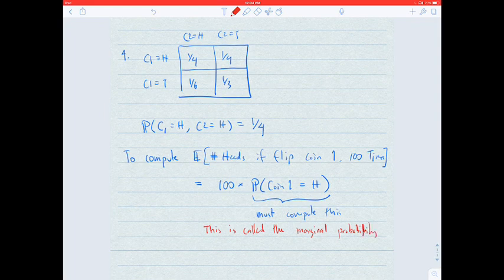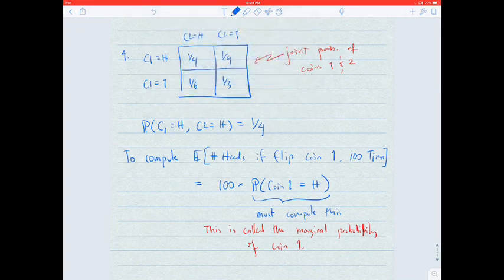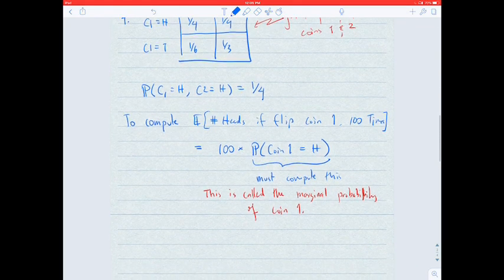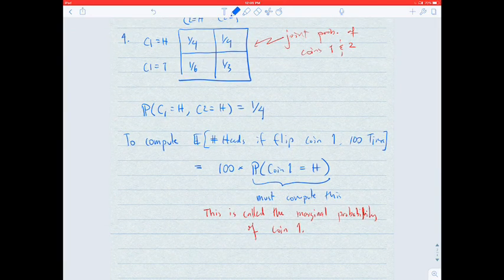The probability of coin 1, as opposed to the joint probability of coins 1 and 2. So we need to compute this marginal probability. Let's do that. I won't scroll up so we can see these numbers. So for the probability that coin 1 is equal to heads, I have to somehow get this information out of the joint.